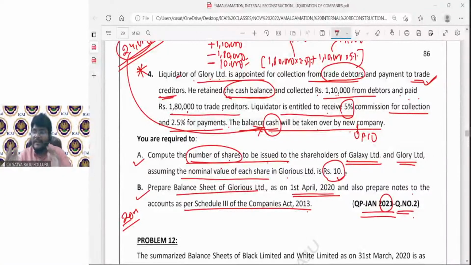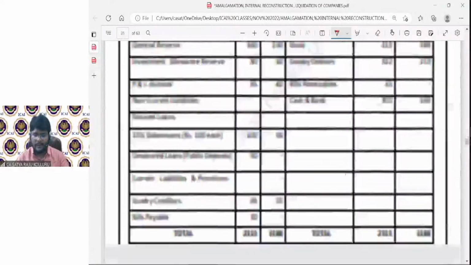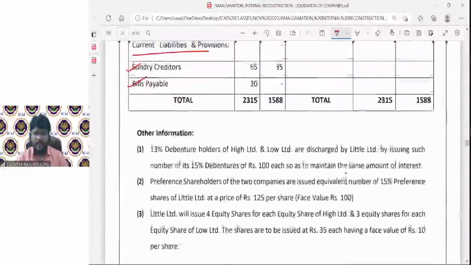Ambiguity means it is applicable in case of amalgamation in the nature of purchase as well as amalgamation in the nature of merger. Then what you need to do is provide a clear-cut assumption. Based on that assumption, you can give the answer. That is only in very remote situations. Okay, fine. Come down. Now, other information.